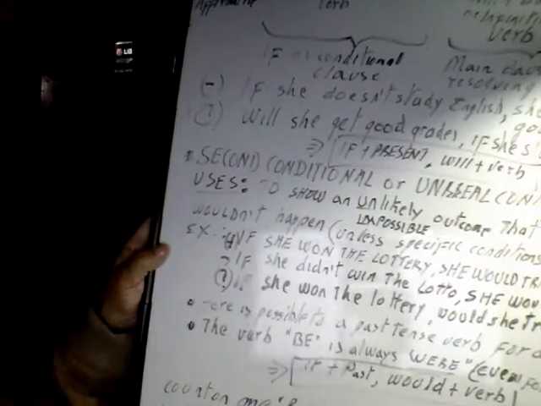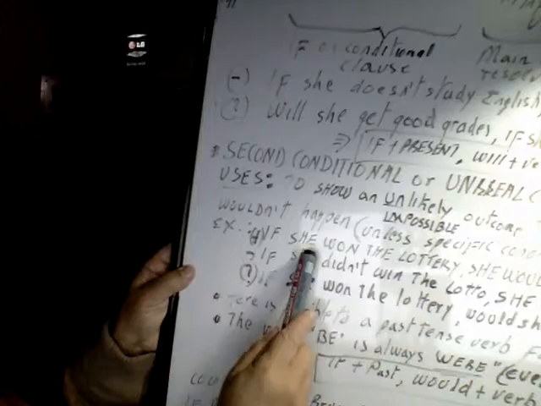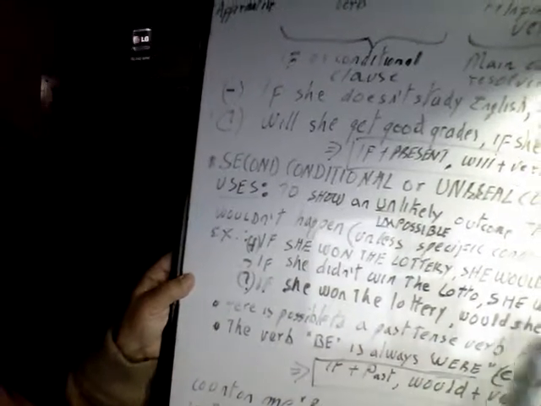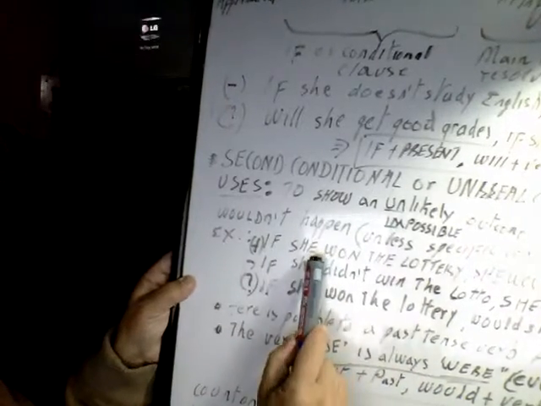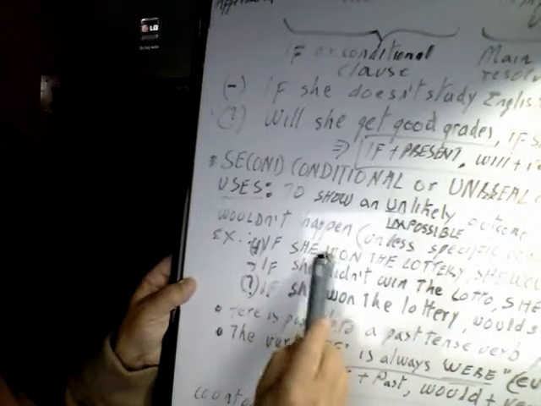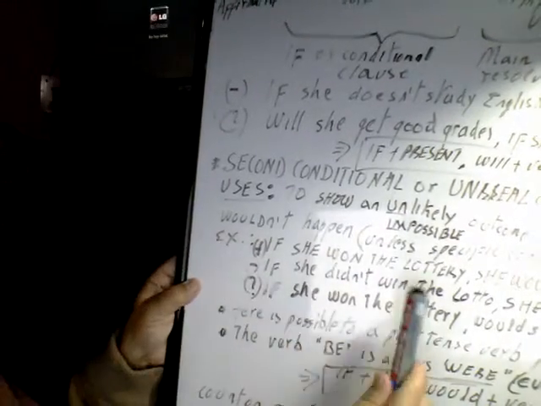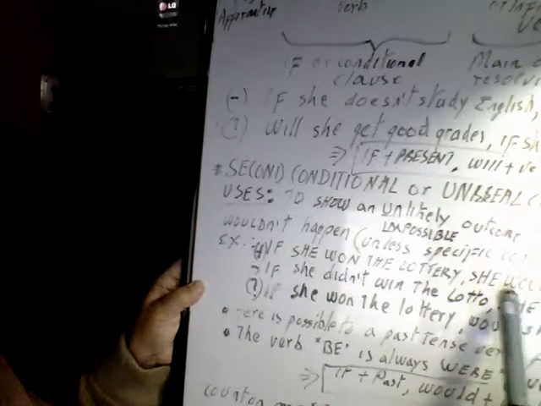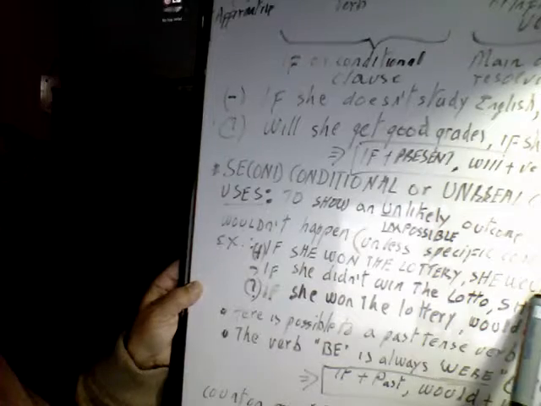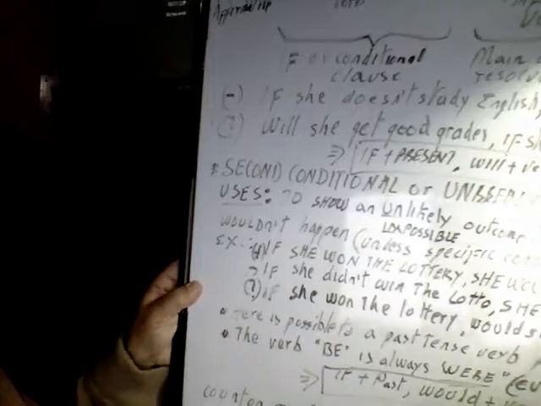Here we have again the example, the affirmative form: if she won the lottery, she would travel a lot. We wrote in the if clause the past simple tense of the verb, and in the second clause, or resulting clause, we write would plus the infinitive verb. She would travel a lot.